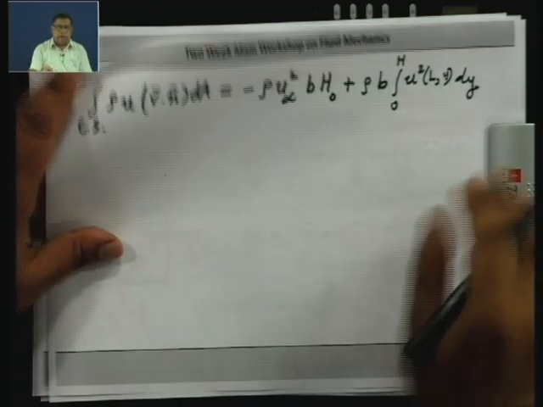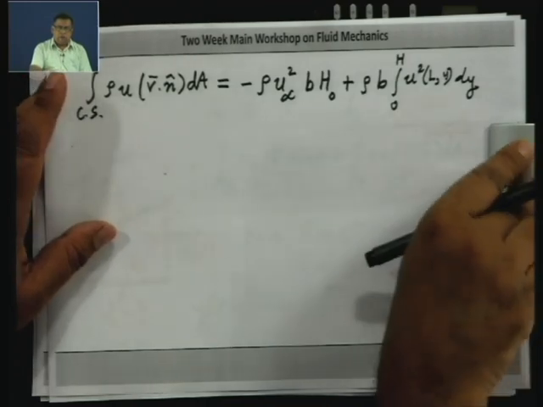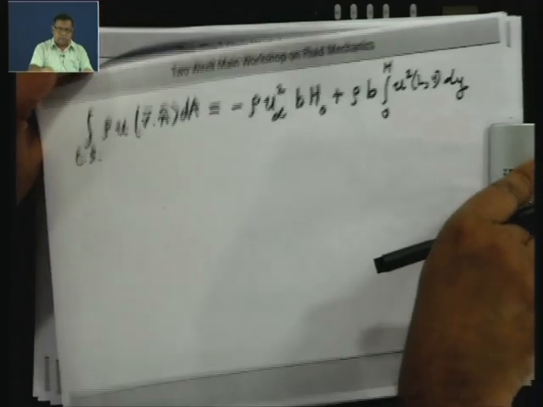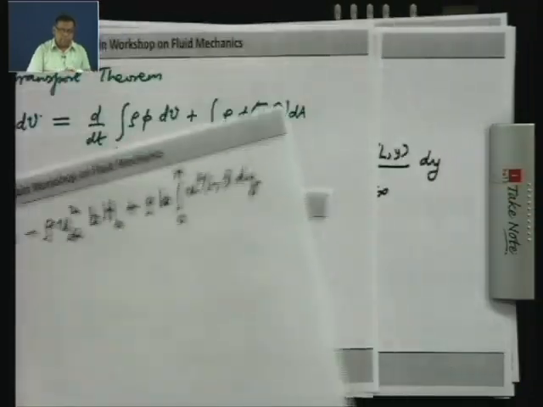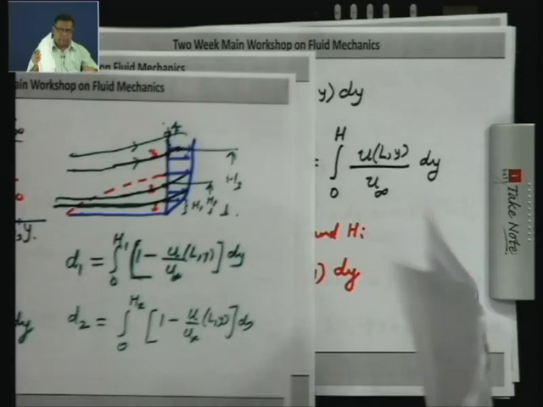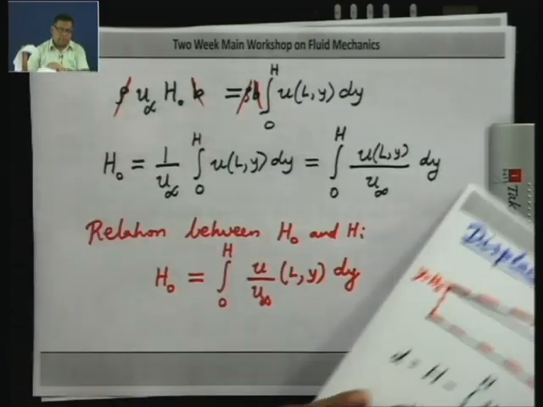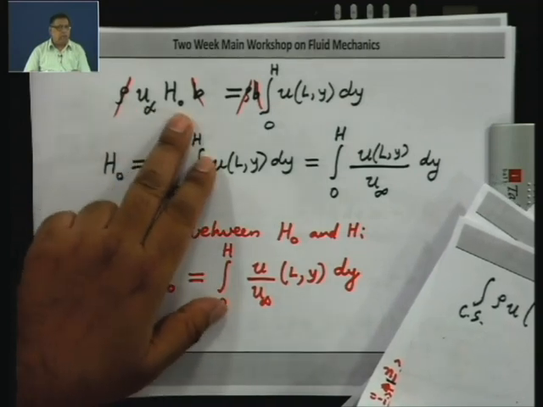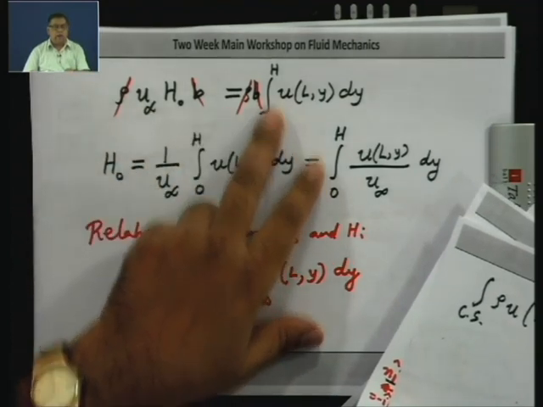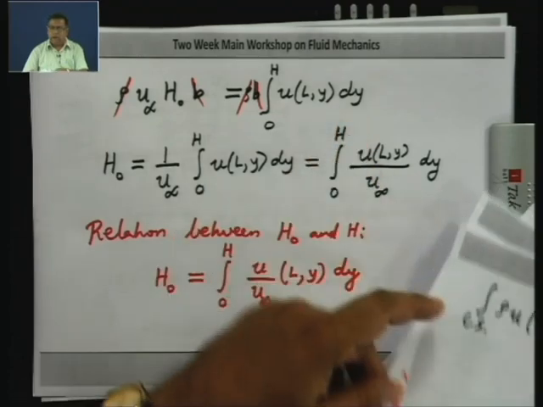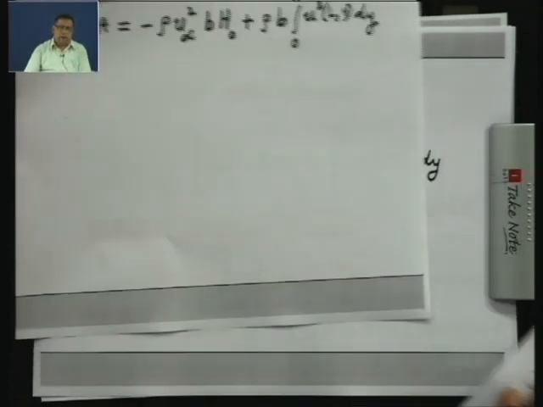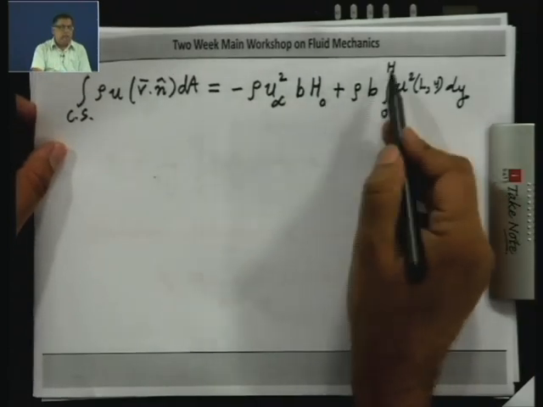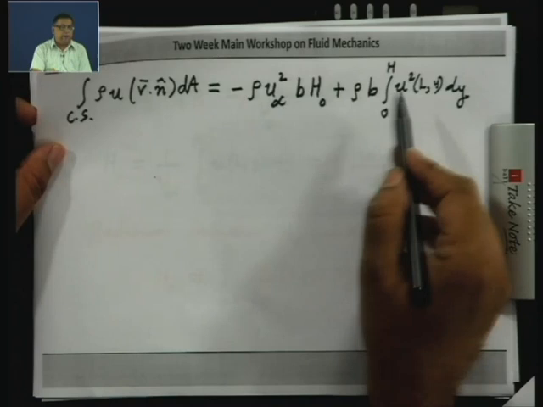Now, if you go back and look at the mass balance which we have done earlier, we have come up with this relation that u infinity into h naught is the integral 0 to h of u at L, y dy. So, that is another thing we can use. So, here there are two unknowns, one is h, the other is h naught. So, we want to express one in terms of the other.